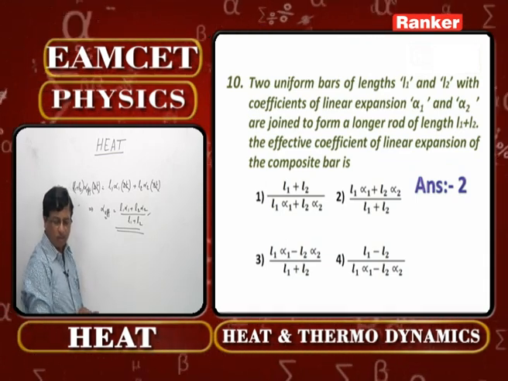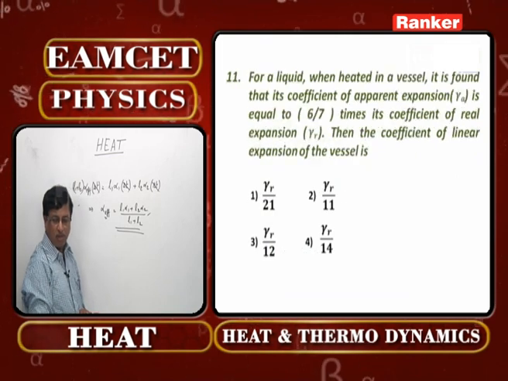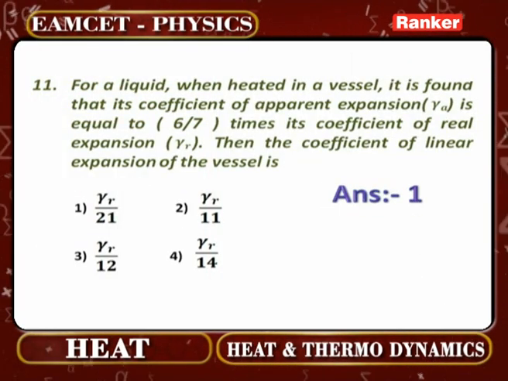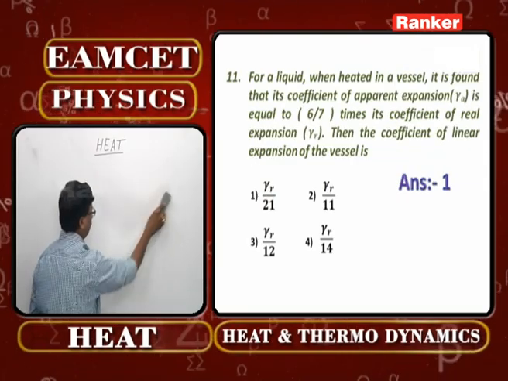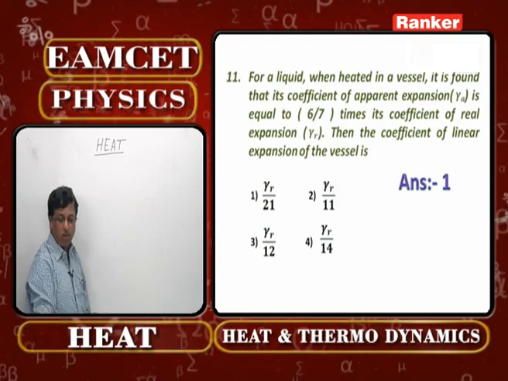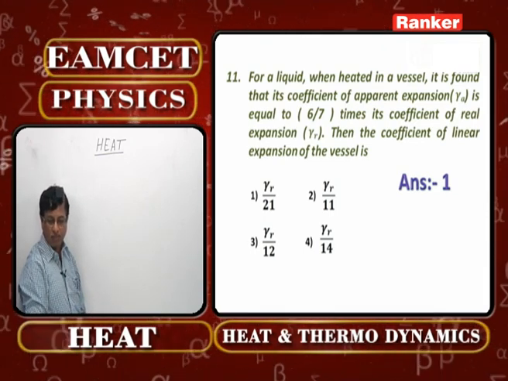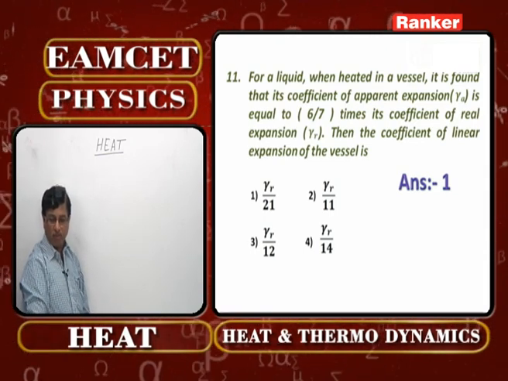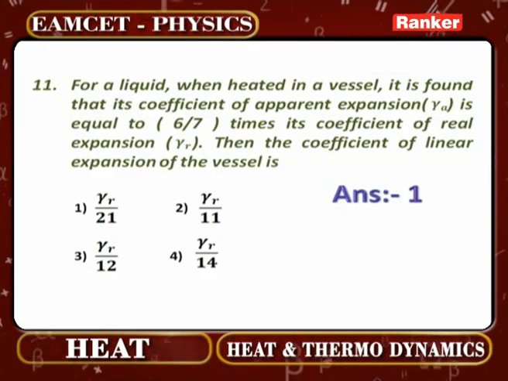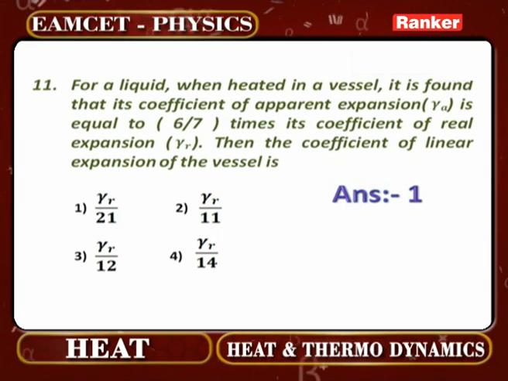Let us check the next problem, that is problem number 11. These questions are now from expansion of liquids we are taking up. All of you know the basic equation gamma real is equal to gamma apparent plus 3 alpha. For a liquid when heated in a vessel, it is found that its coefficient of apparent expansion is equal to 6/7 times its coefficient of real expansion.